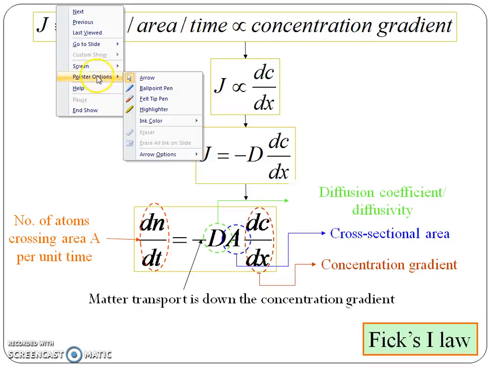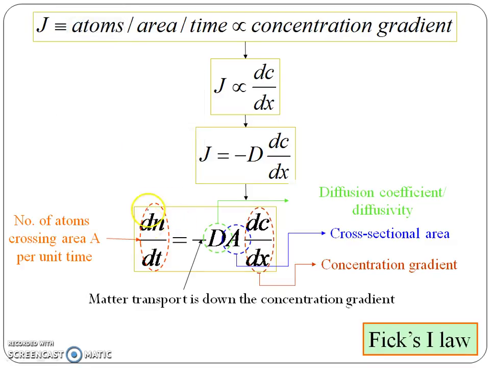So we are supposed to calculate dN/dt, or we are supposed to calculate the flux, that is 1/A dN/dt.